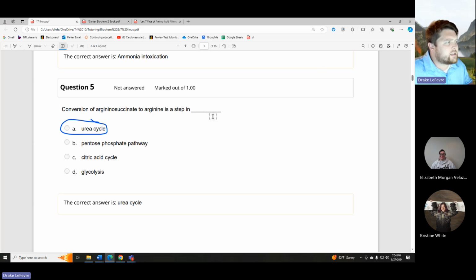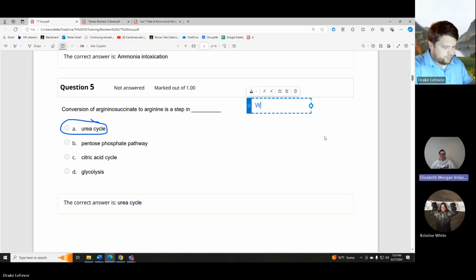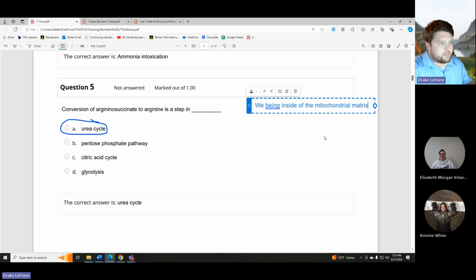Where does this process begin? Where does the urea cycle pre-process begin? Inside of what structure? The mitochondrial matrix. Yeah, good. We begin inside of the mitochondrial matrix.